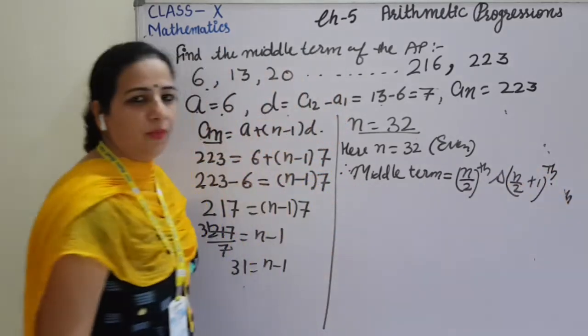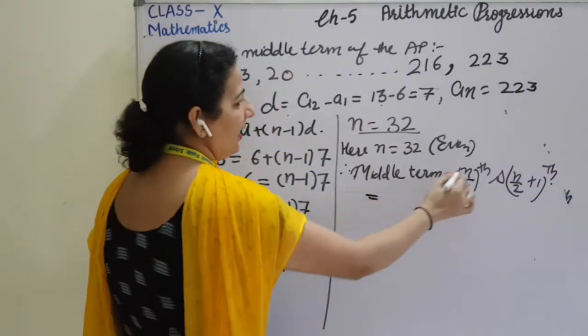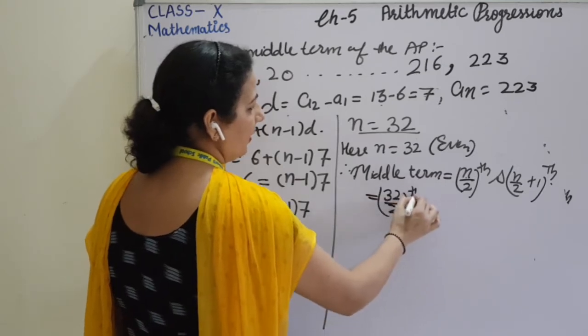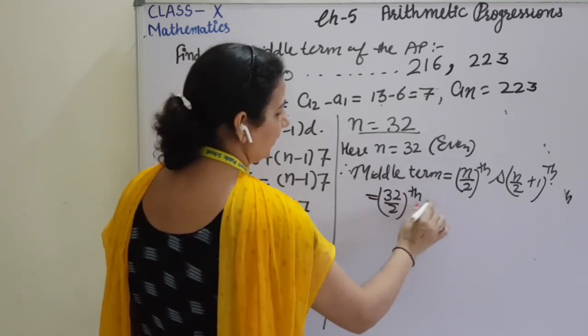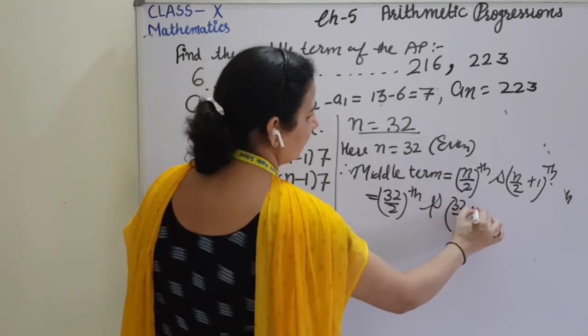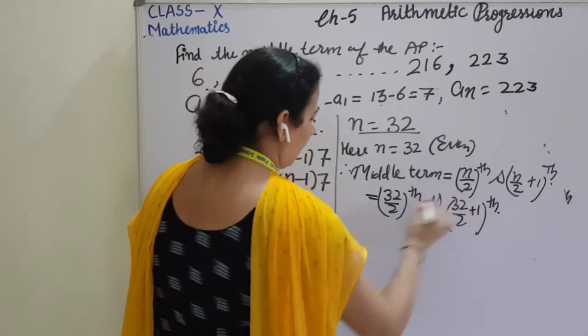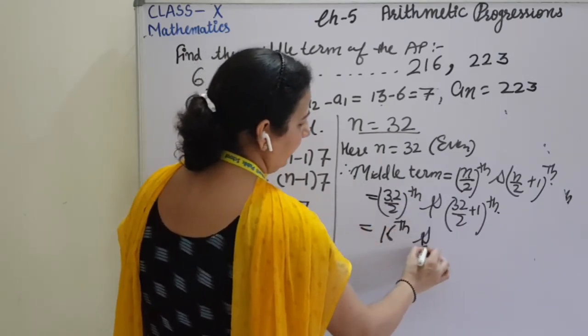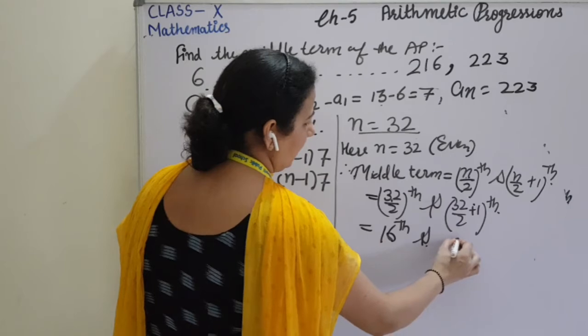This will be the formula. So 32 upon 2 th term, and 32 upon 2 plus 1 th term. So the answer will be the 16th term and the 17th term.